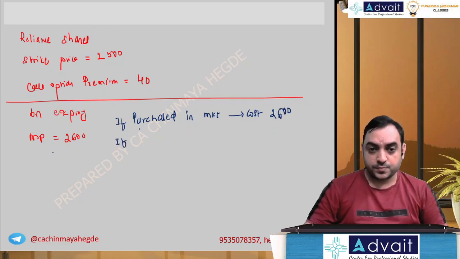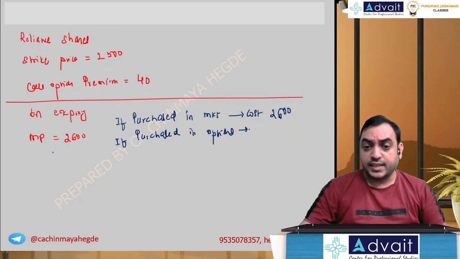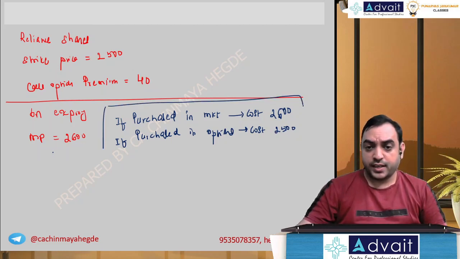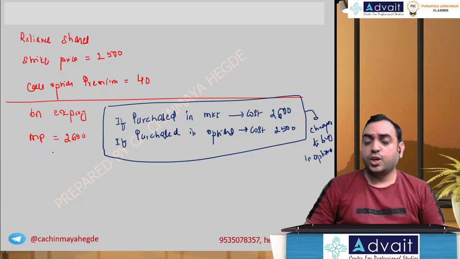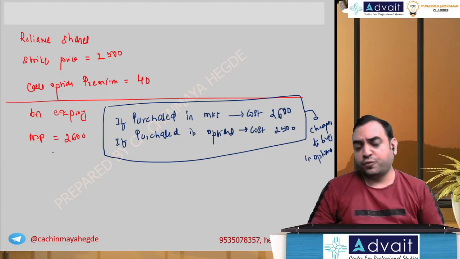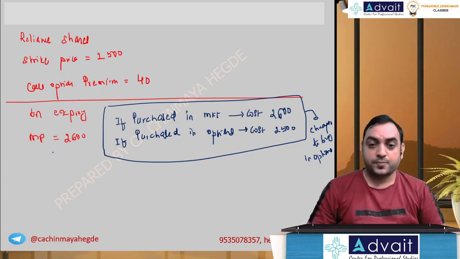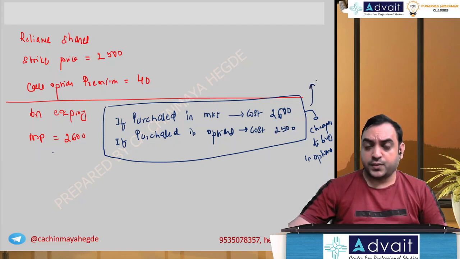If purchased in options, you already signed the agreement, then it will cost you 2,500. So where is it cheaper to buy? It is cheaper to buy in options. So what do you do? On expiry, you make a payment of 2,500 and get the one share. This is what settlement by delivery basis means.